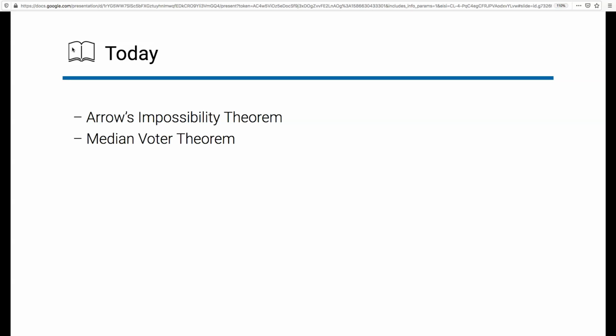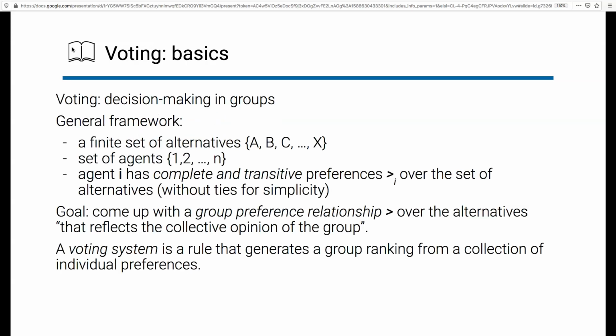But before we talk about these two results, let's do a quick recap of what kind of questions we're dealing with. So here's the idea. We live in a framework in which there is a finite set of alternatives labeled by capital letters and a finite set of agents.